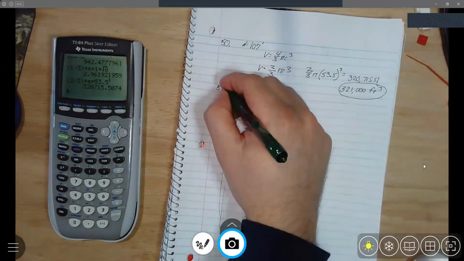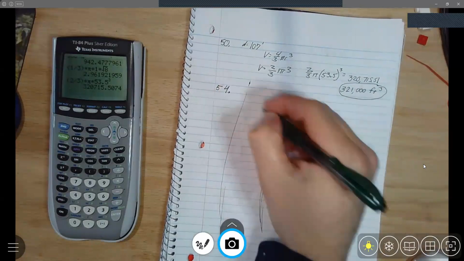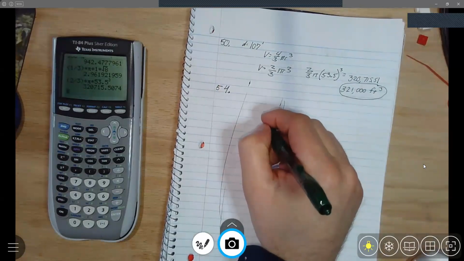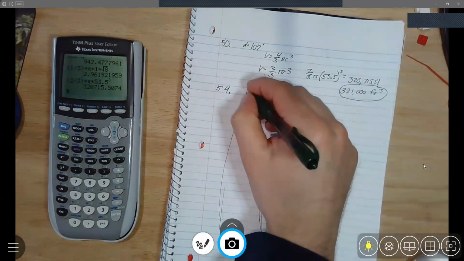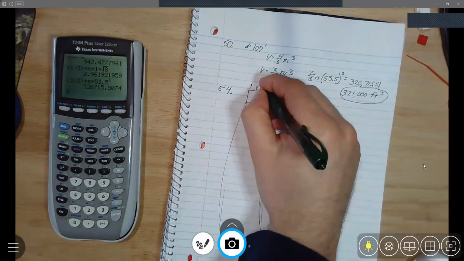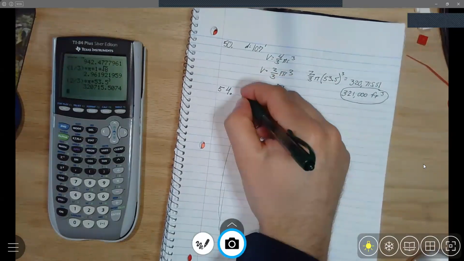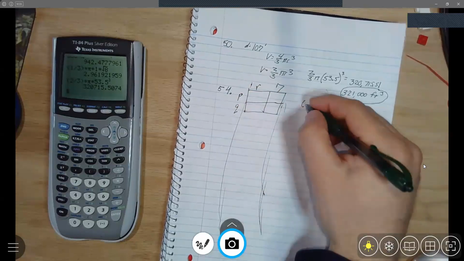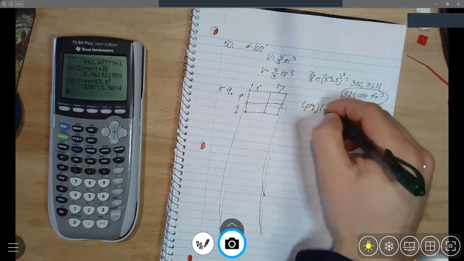We skipped 52, so we're on to 54. Give two expressions for the area of the rectangle. So I'll have to draw this one. See, what a great drawing. R, 7, P, Q. So one way is just (P + Q) times (R + 7).